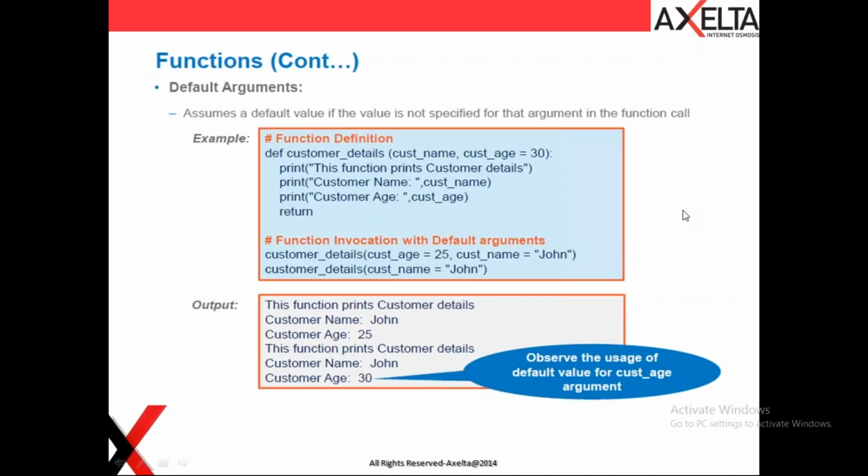Next is a default argument. See here, we have one function called customer details. Sometimes the person who is calling this function might give some values or might not give some values.